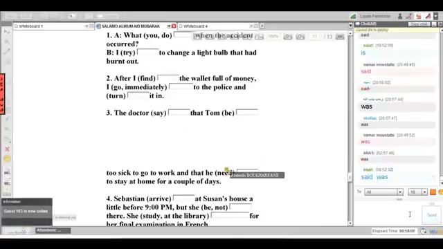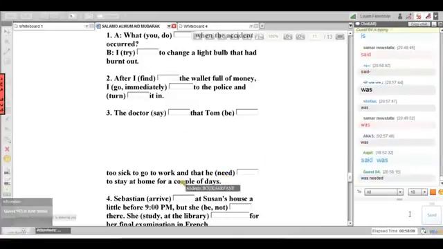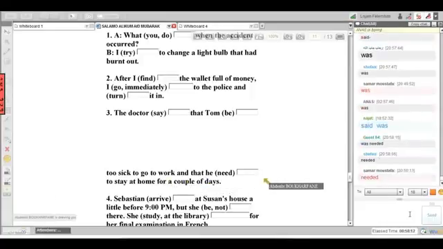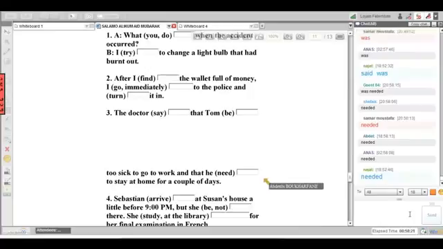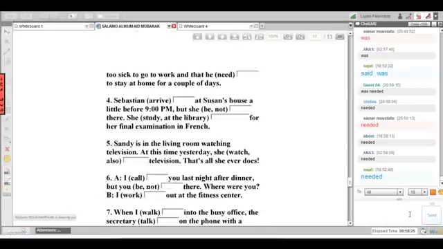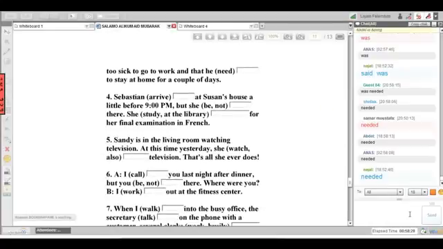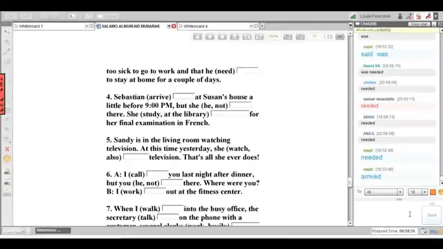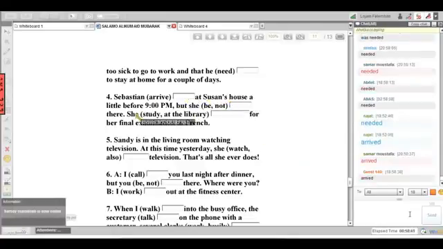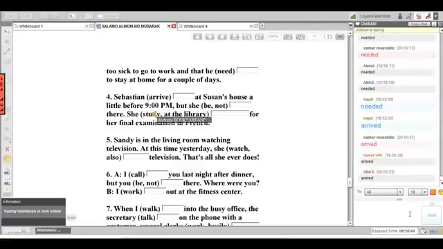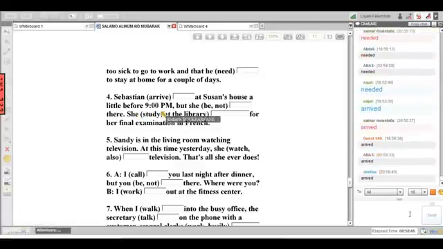So the second one. After I find the wallets of money, I go immediately to the police and turn it in. Samar Mustafa, I had found is past perfect, and we haven't studied the past perfect yet. Please concentrate a little bit. Samar Mustafa, we use after in the past perfect?